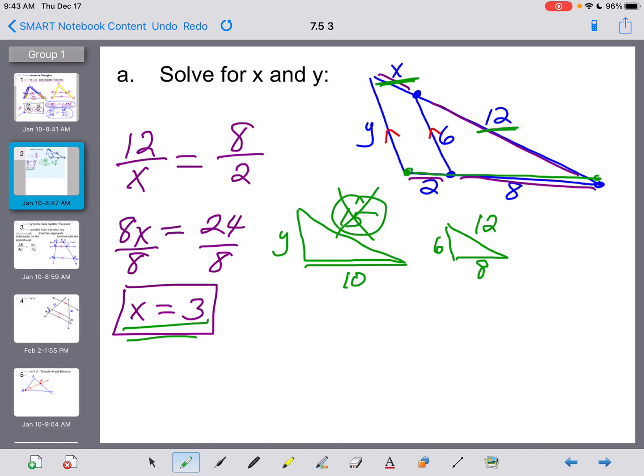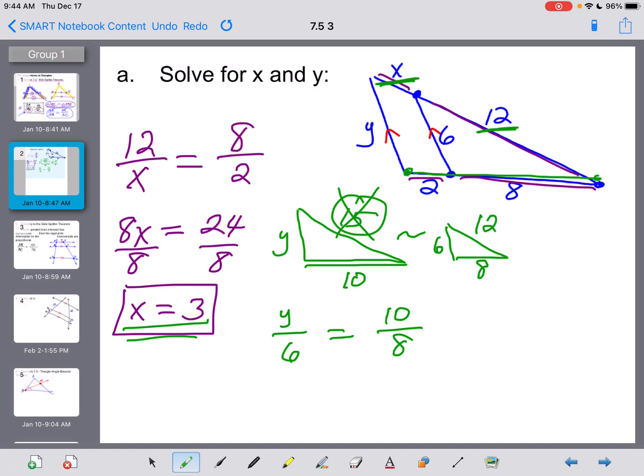But now, when you look at these two triangles which are similar, most people now know where to go. The y on the left corresponds to the 6 on the right, and that ratio has to be equal to the 10 on the left, which corresponds to the 8 on the right. When you draw two separate triangles, almost everybody looks at this and goes, oh yeah, duh, this is how it works.